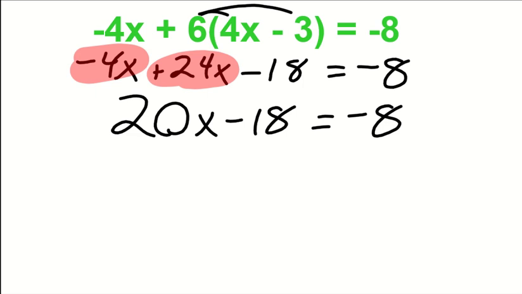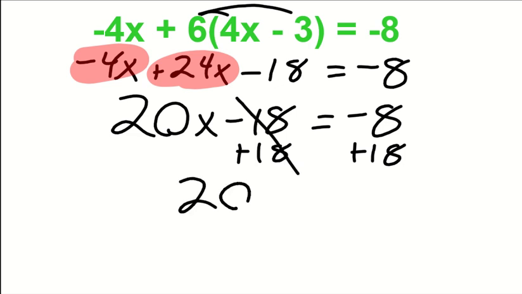So what am I going to do? Get rid of the minus 18 on this side, right? So we add 18, add 18. We are trying to get x by itself, so we're moving things away from the variable. Cancels out. All we're left with right there is 20x.